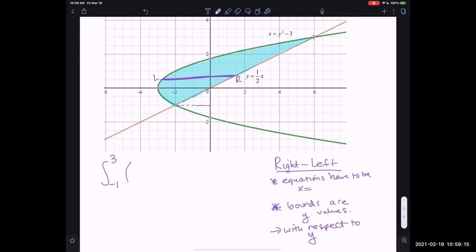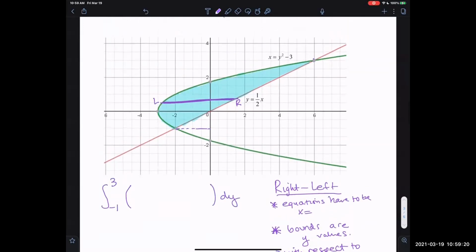Okay. Now, I said that all my equations have to be in x equals form. Well, the good news is that's already good, meaning check. This one, however, we need to change to x equals form. So that means if I multiply both sides by 2, 2y equals x. Okay. And remember, it's right minus left. So the equation that's on the right is my 2y graph.